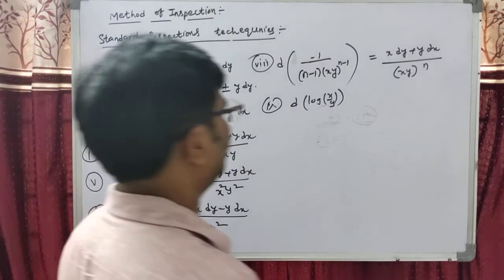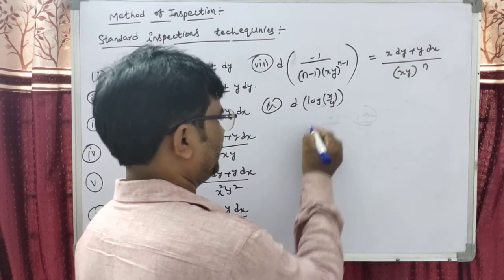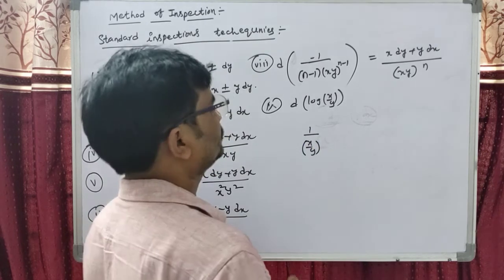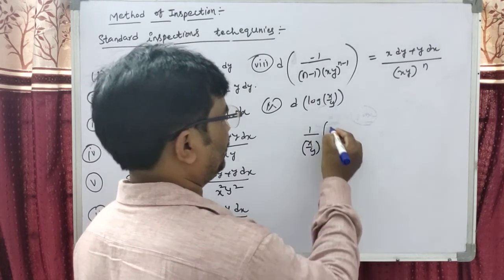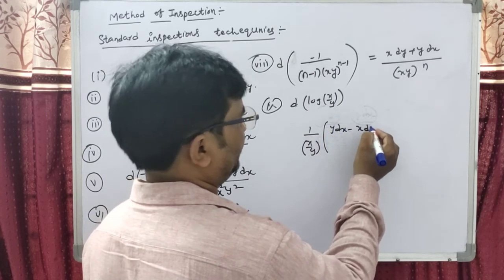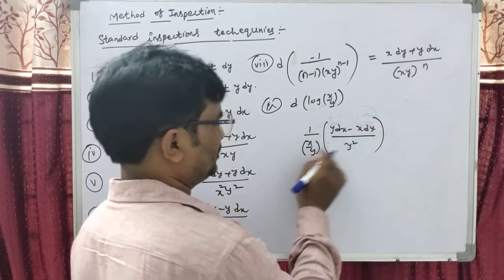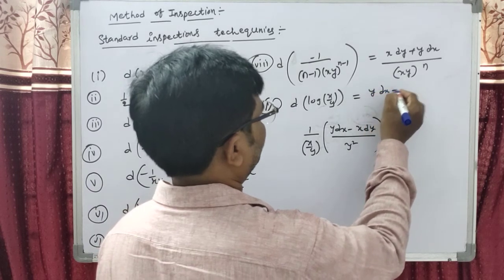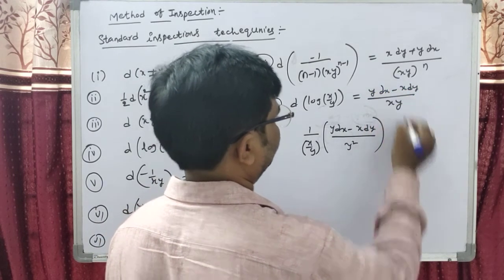The derivative of log x is 1 by x by y. Now the derivative of x by y, we know, is y into dx minus x into dy upon y square. My dear students, the 1 is cancelled. We can write it as y dx minus x dy by xy.